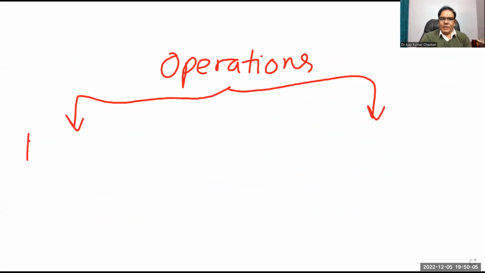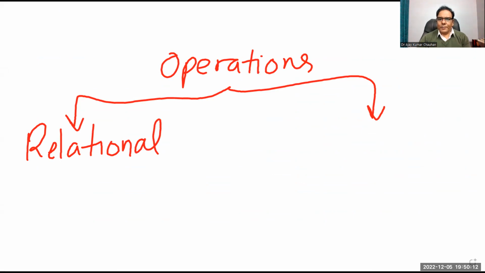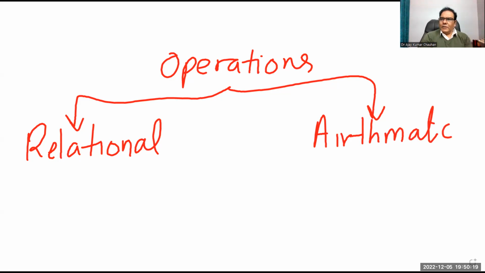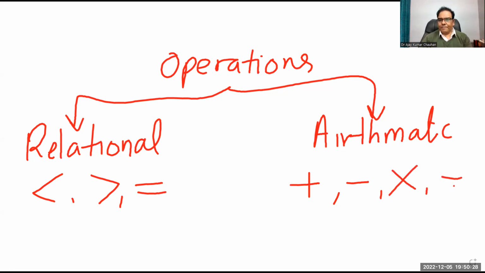This is called relational and second is called arithmetic. Relational means greater than, less than, equal to, and this is plus, minus, multiply, and divide. So nominal variables cannot use either the relational or the arithmetic.